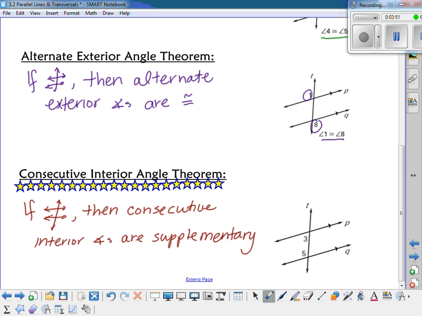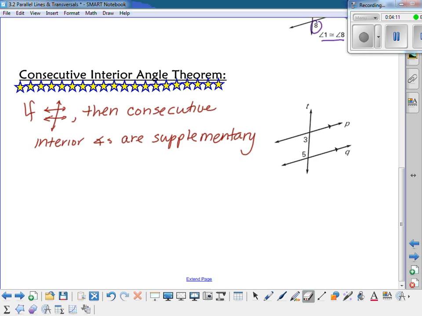And if you look at the figure, you can see angle 3 is an acute angle, angle 5 is an obtuse angle. It's pretty obvious when you look at the picture that they are not congruent to each other. They're clearly different sizes. So if you have consecutive interior angles, they're going to be supplementary.